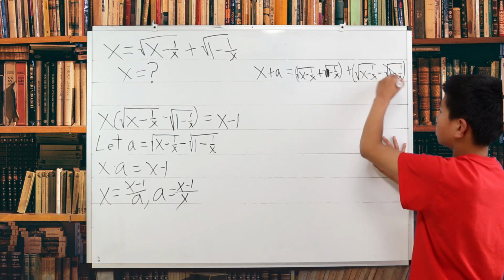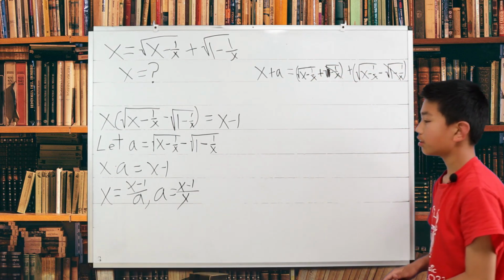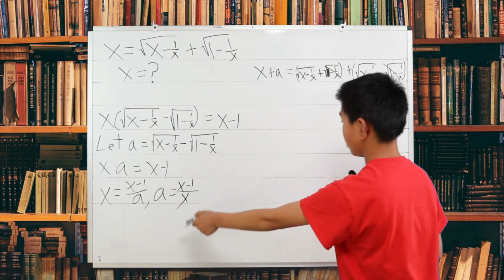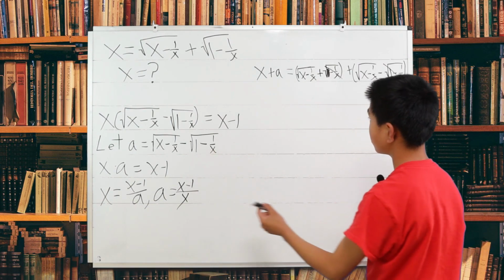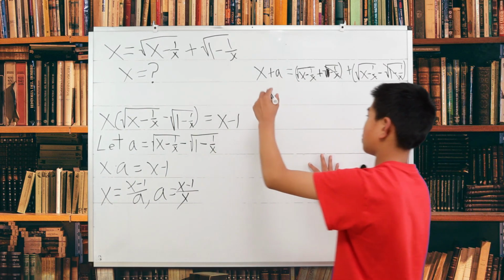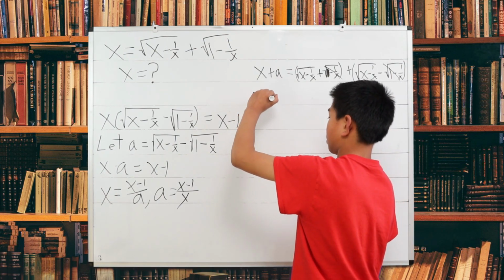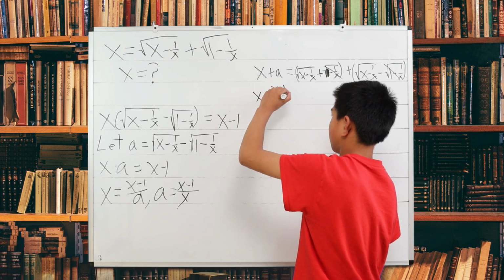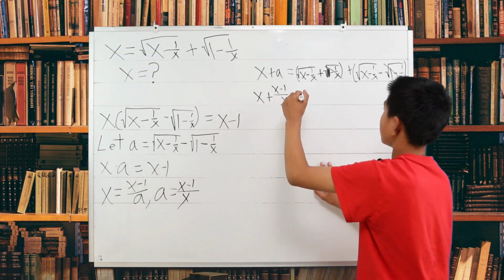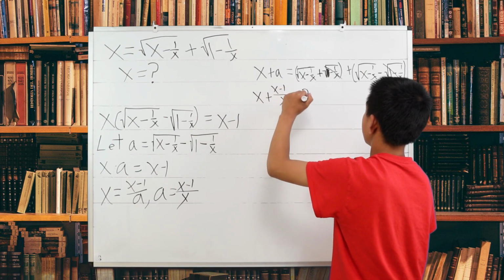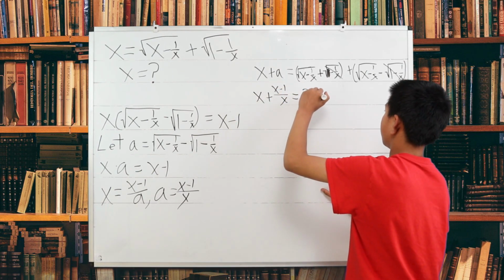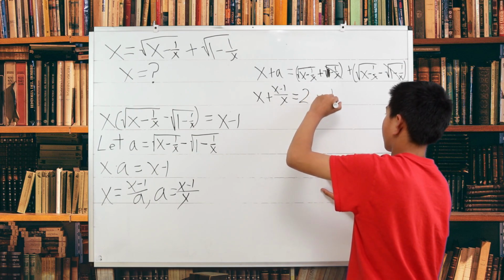We see that these two terms cancel out. We also know that a is x minus 1 over x. So instead of x plus a, it's x plus x minus 1 over x. And this is just equal to 2 times the square root of x minus 1 over x.